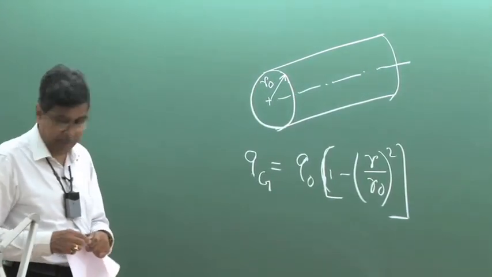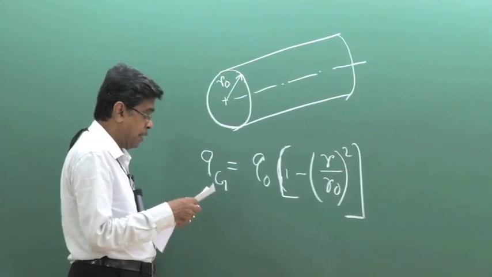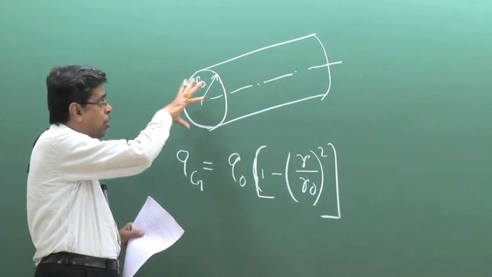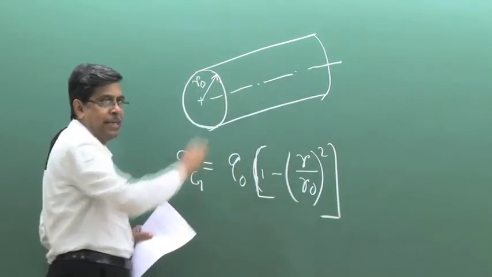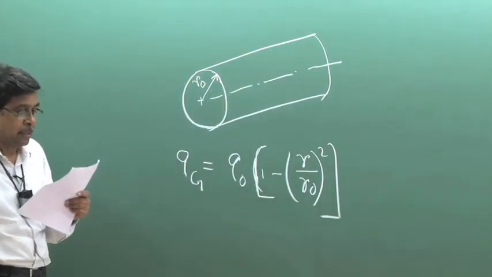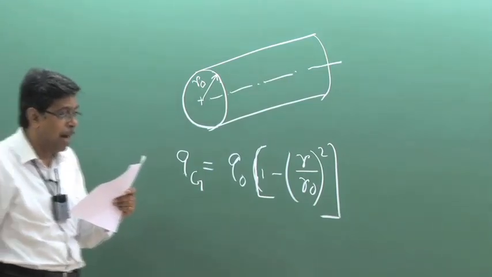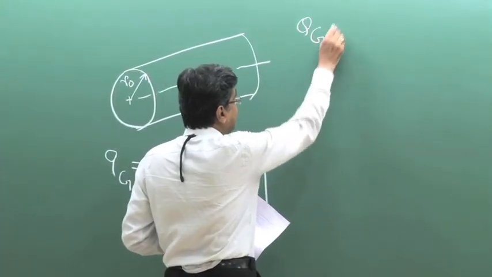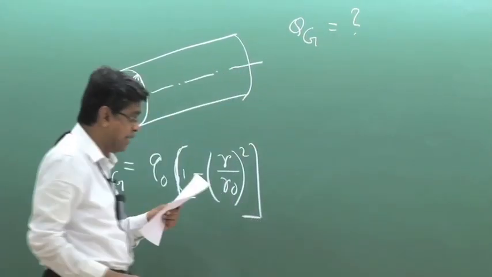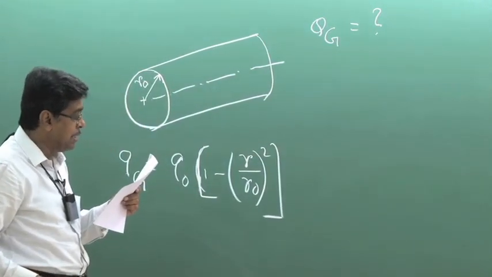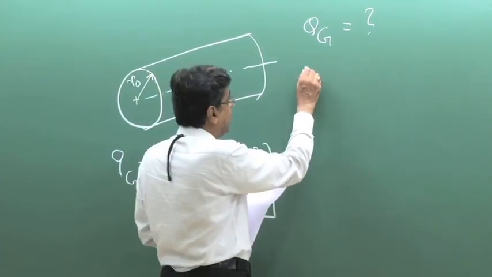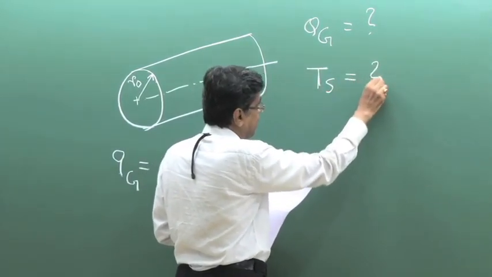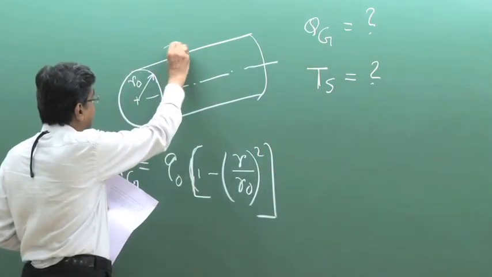That means it is varying with r, because this thin wall container is packed with the radioactive waste, which generates energy in such a way. So obtain an expression for the total rate of energy generation, and use this result to obtain an expression for the surface temperature Ts.